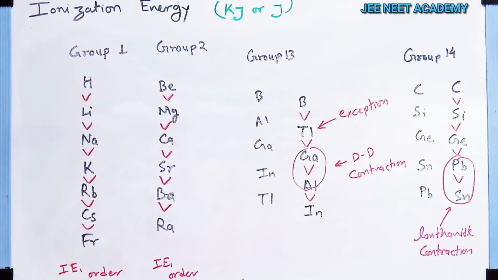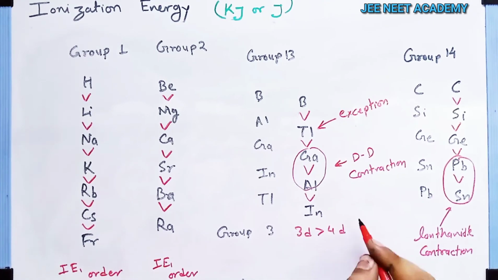For groups 3, 4, 5, 6, this is the order of ionization energy. Group 3: 3d will have the highest, then 4d element, then 5d.